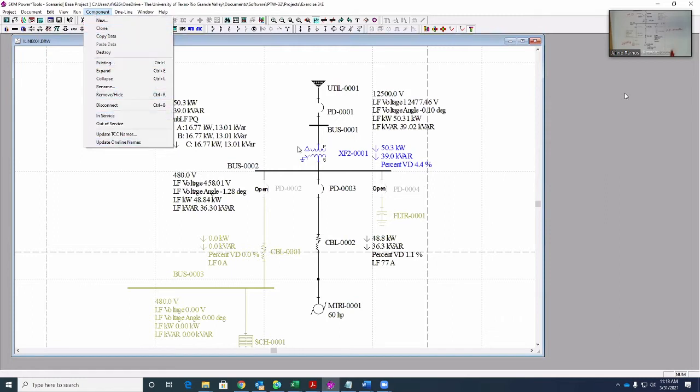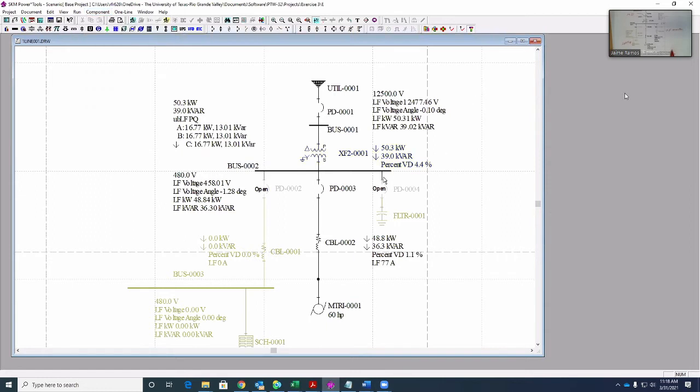No, okay. At the bottom, it's a motor, 60 HP. CBL means cable 02. So that's the only cable in the network.